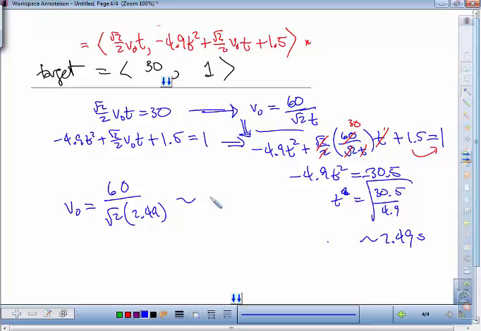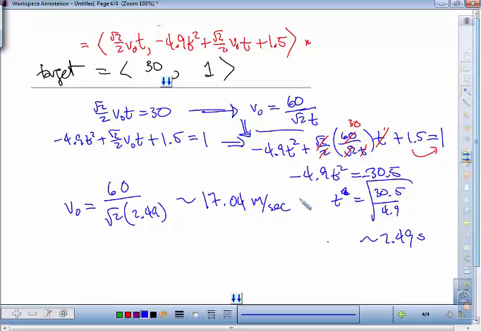And what's the velocity there? Confirm. Yeah. So this is a velocity, meters per second. This is a speed that we need to shoot the arrow off.